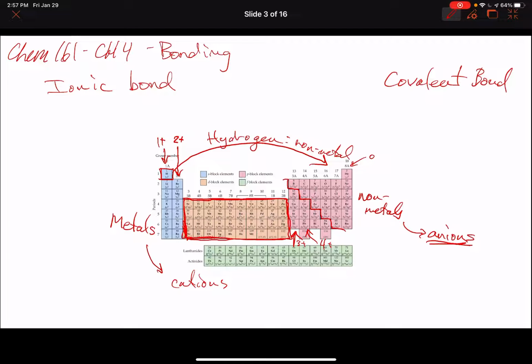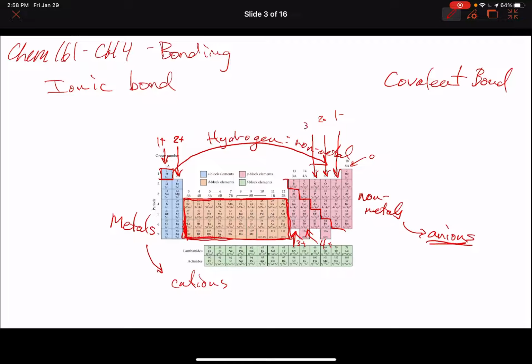And in the 7th column, the halogens tend to accept 1 electron, so they tend to go 1 minus in charge. Those in the 6th column, below oxygen, tend to form 2 minus in charge. And those in the next column tend to go 3 minus in charge.